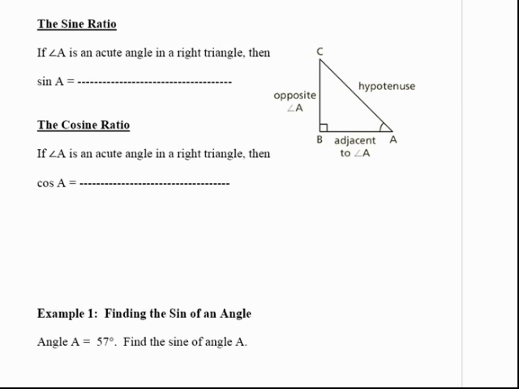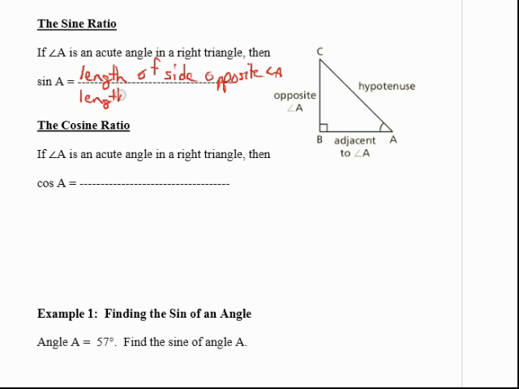So let's define this. The sine ratio: if angle A is an acute angle in a right triangle, meaning it doesn't work for the right angle, then sine A equals the length of side opposite angle A to the length of the hypotenuse.